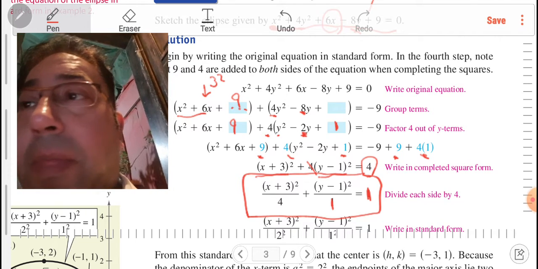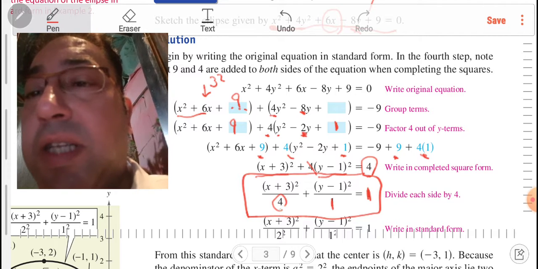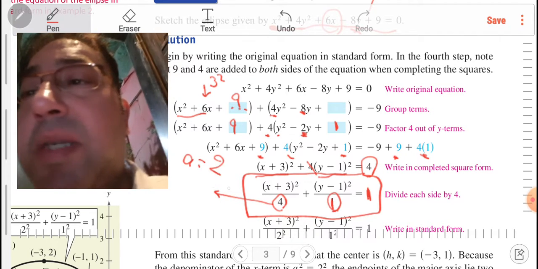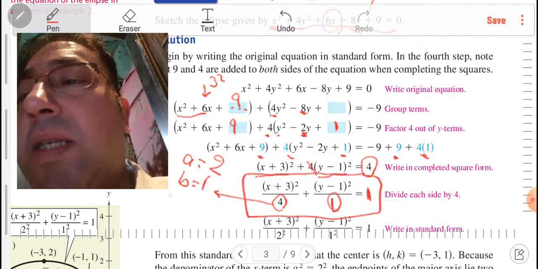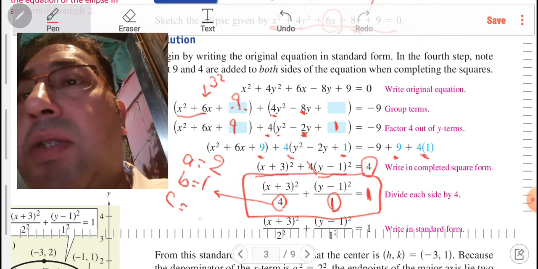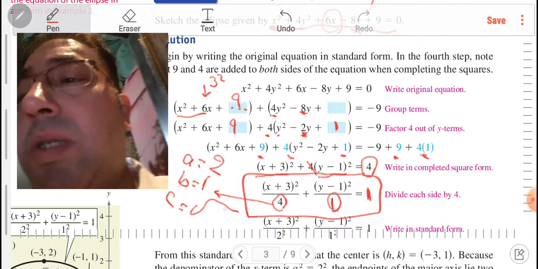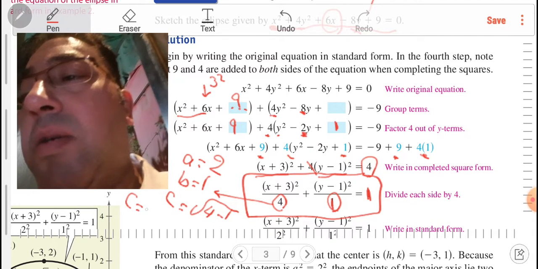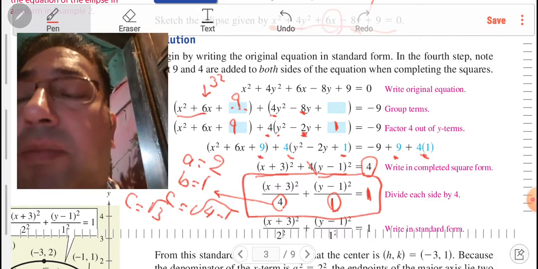of the ellipse equation. Don't forget, here it's a squared, so a equals 2. Here is b squared, means b equals 1. And we can determine the value of c, which is root of a squared minus b squared. So c equals root 3.